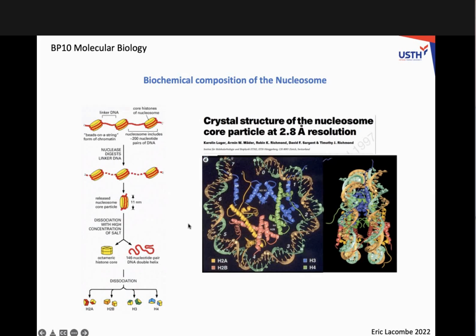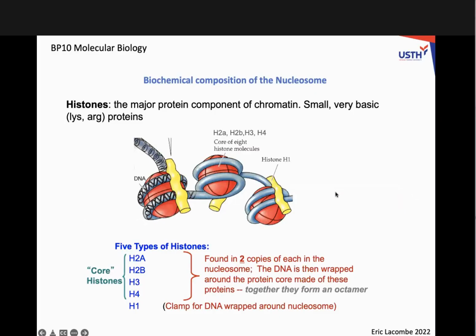Another way of representing the structure is this one, and here you've got the stoichiometric ratio of all the components. So, typical nucleosome structure, in blue-gray the DNA. Here we've got the red balls. This is the octamer. You see there are 4 and 4 on the top and the bottom.